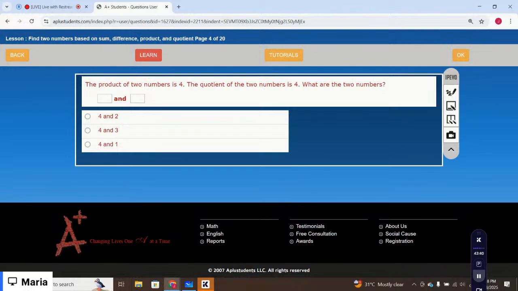The product of two numbers is 4 and their quotient is 4. What are the two numbers? So which two numbers have the quotient 4 and product 4?